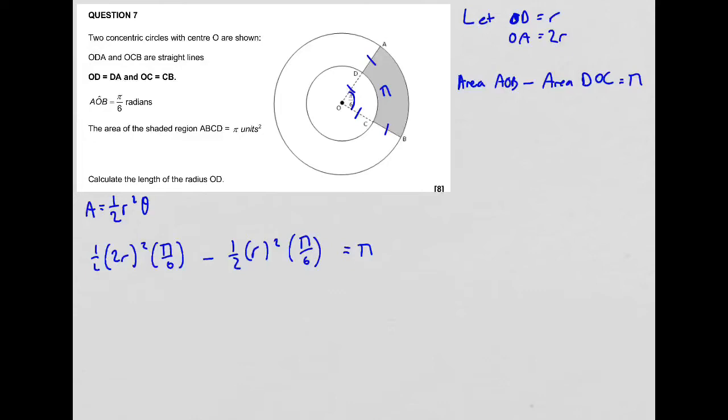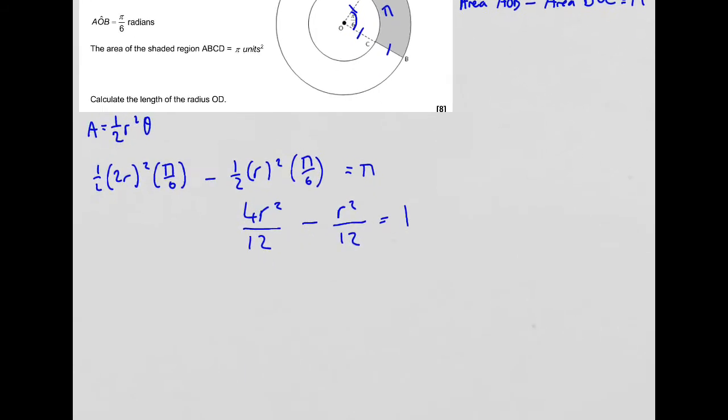Right, so tidy up here, we end up with 4r squared over 12 minus r squared over 12 equals 1. Okay, the pi's by now have cancelled out.